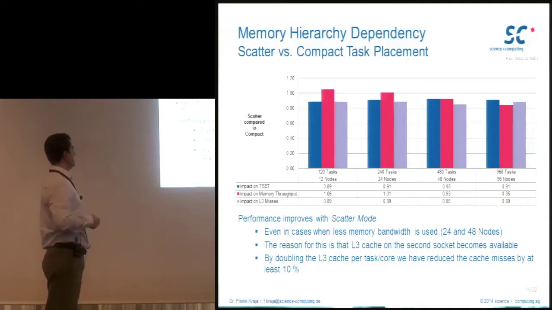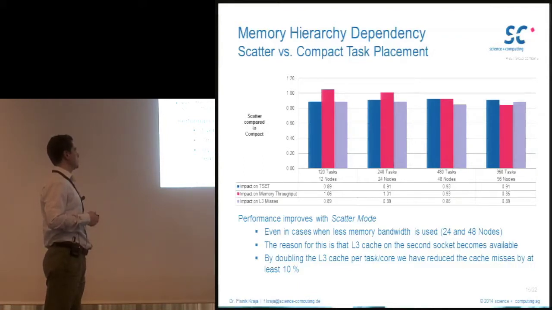And here I show the impact on the elapsed time. Then I show the impact on the memory throughput, so what happens, does it get increased or decreased, and the impact on the level 3 cache misses. As we can see on 12 nodes, which I consider a small number of nodes, we see a reduction in the elapsed time, let's say a 10% improvement.